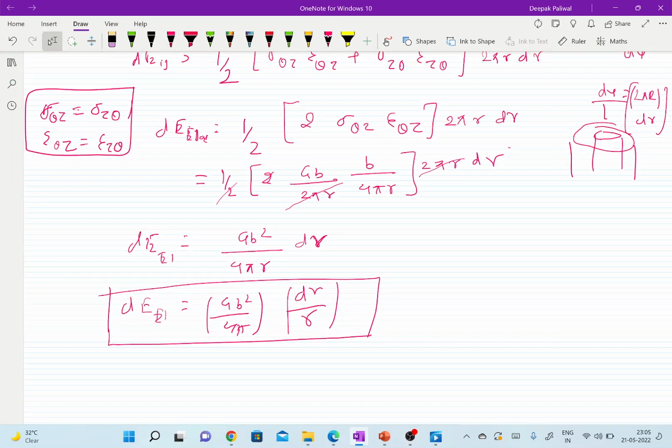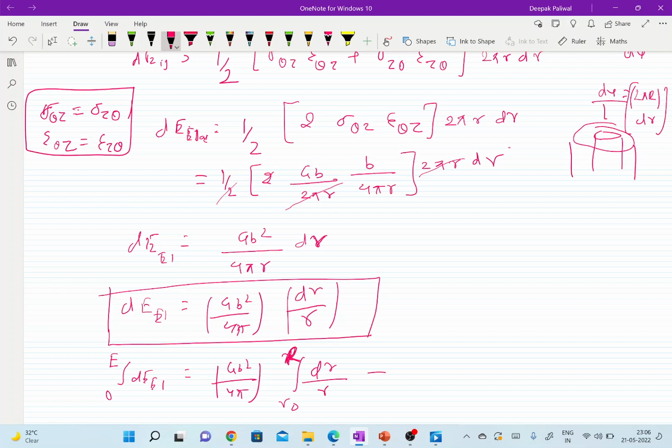Now if I integrate it from 0 to E elastic, and from r naught to R, let me explain why we are interested in r naught first. So we integrate dE elastic from 0 to E elastic, Gb square by 4 pi, dr by r, from r naught to capital R, let's say.